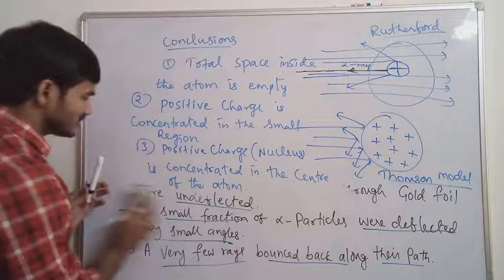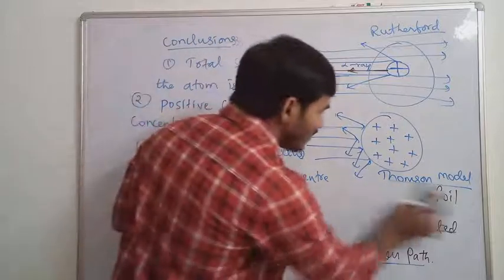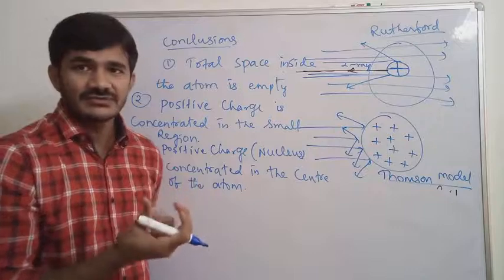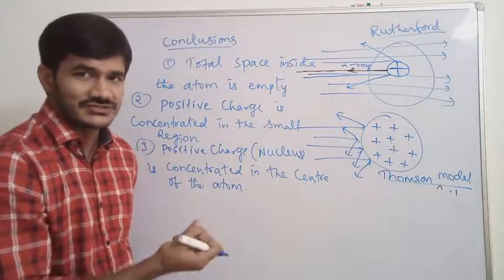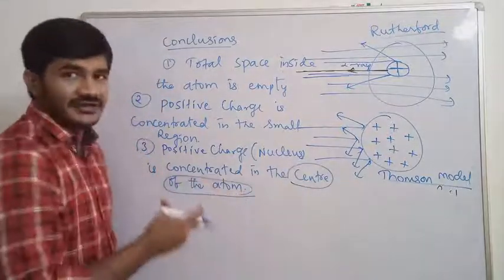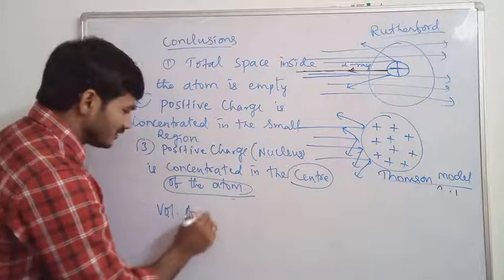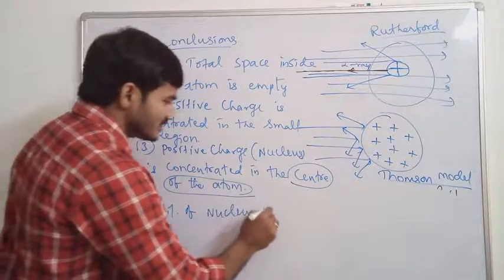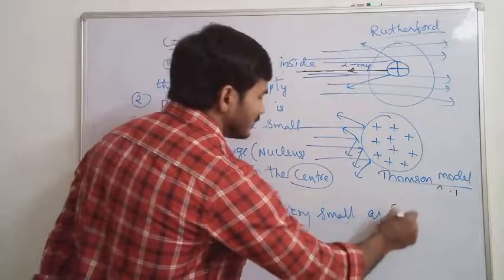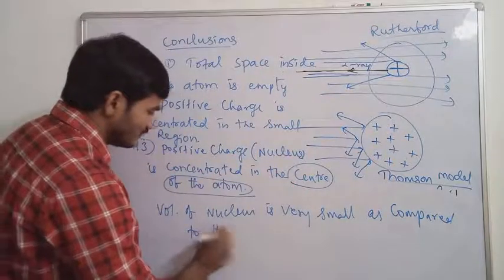He further noticed that the volume of the nucleus, the very small region of positive charge located in the center of the atom, is very small. He imagined that the volume of the nucleus is very small as compared to the volume of the atom.